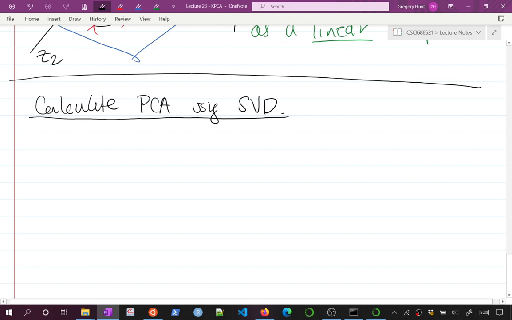You can also show it shows up in kernel regression, and in splines, as a certain basis of splines, which you can view through PCA.